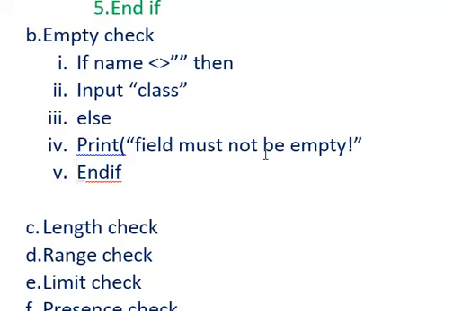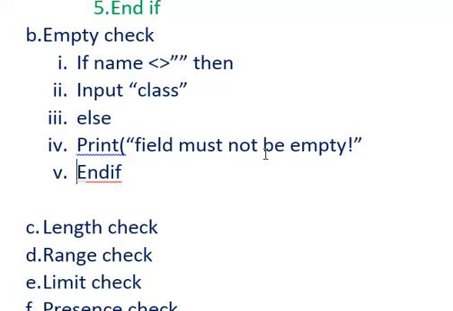Some languages and compilers do not understand the straight process. It has some tricky requirement that if you reverse the condition, then it will produce the result you want, or sometimes if you go straight, it won't produce that result. In those circumstances, you have to just reverse the condition. If name not equals to, then input class, else print field must not be empty. So we have to just change things, right?